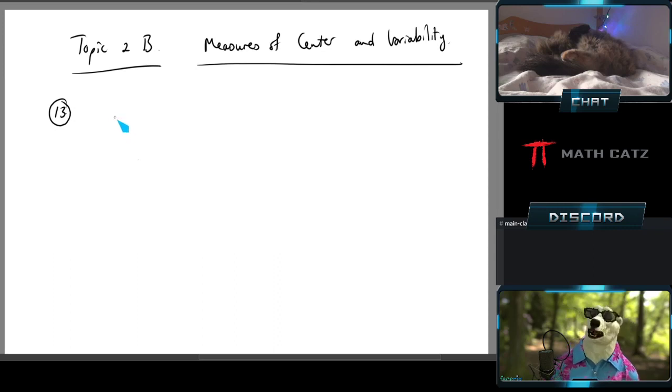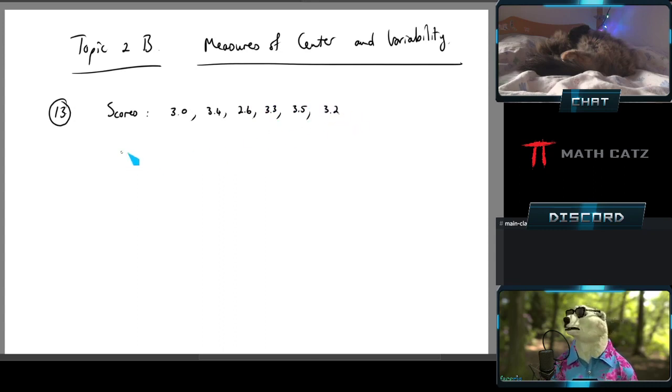So our scores are 3.0, 3.4, 2.6, 3.3, 3.5, 3.2. That means our n is equal to 6. There are 6 of them.